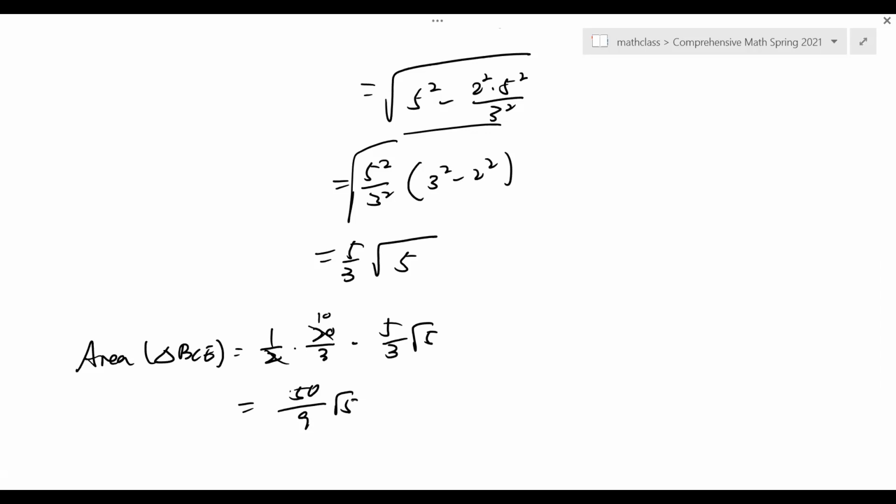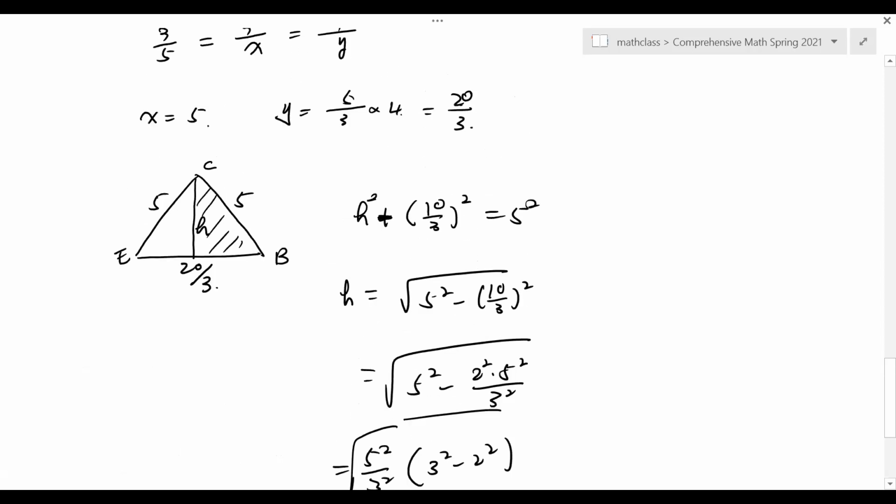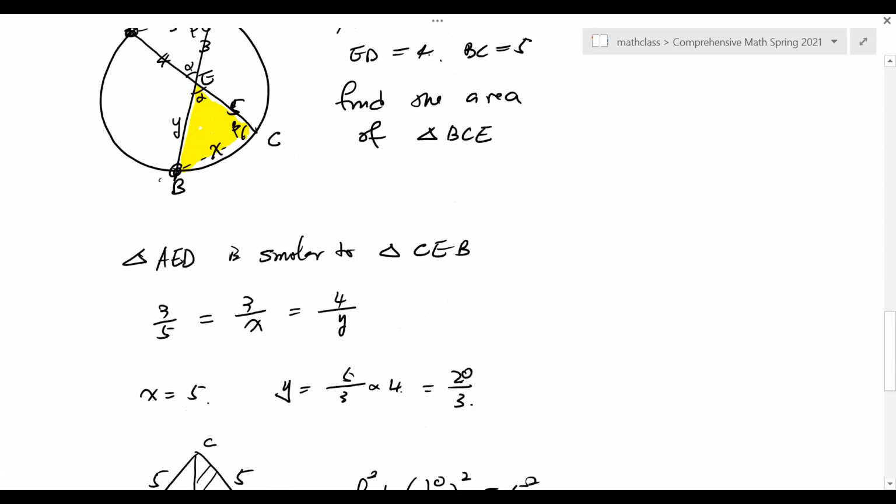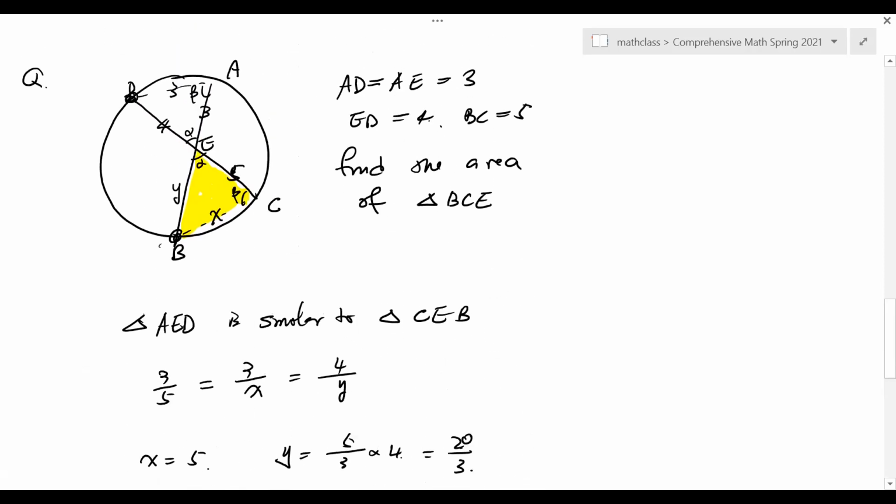Okay, so this problem involves lots of mathematics here. Okay, let's summarize. This involves lots of mathematics, right? You need to know the Pythagorean theorem because we determine the result of the triangle. But the most important thing is you should find the two similar triangles.